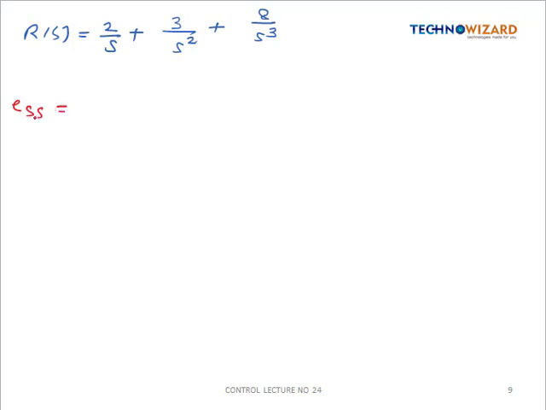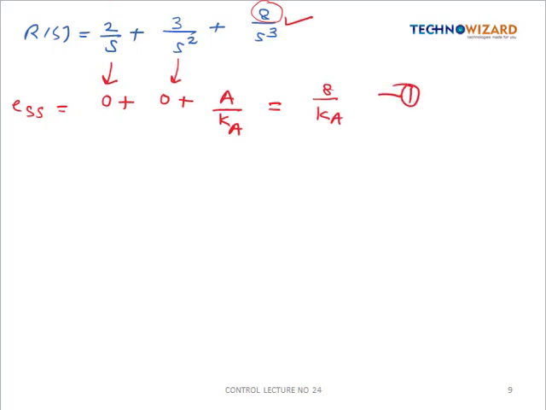Now we have to find out the steady state error. As it is a type 2 system, error will exist only for the parabolic input. In case of step input, it is type 2, so it will be equal to 0. Similarly for the ramp, it will be equal to 0, but in case of the parabolic input, the steady state error will be given by A/Ka, where A is the amplitude of the input, here 8. So it will be equal to 8/Ka. In short, we have to find the value of Ka.